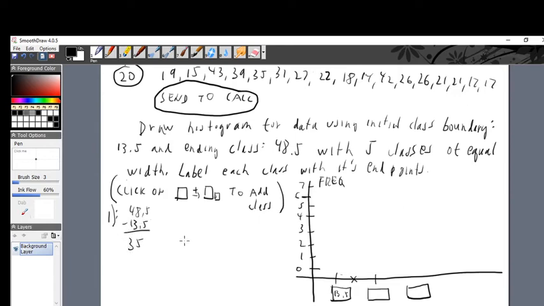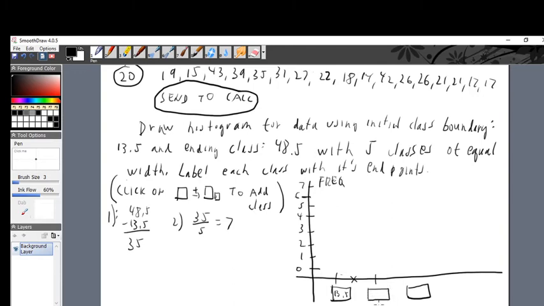You get 35. That's number one. Number two, you take 35 and you divide it into the 5 classes that they say they want, and you get a 7. Okay, so now we know to add 7 over here, and we have to have a total of 5 classes.